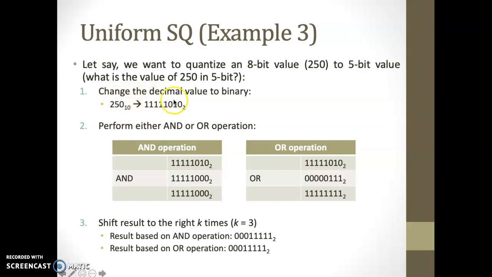First you have to change 250 to binary, which is 8 bits, because originally your image is in 8 bits. If originally your image is 5 bits, then you convert into 5 bits.